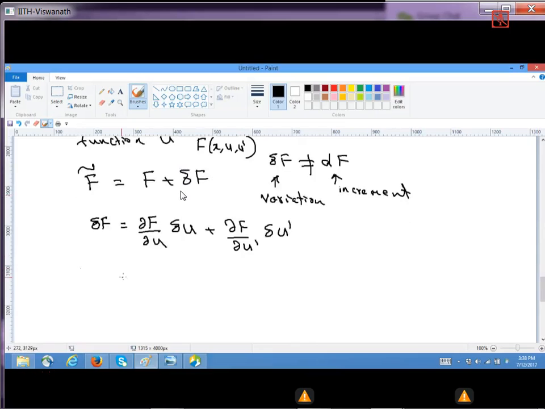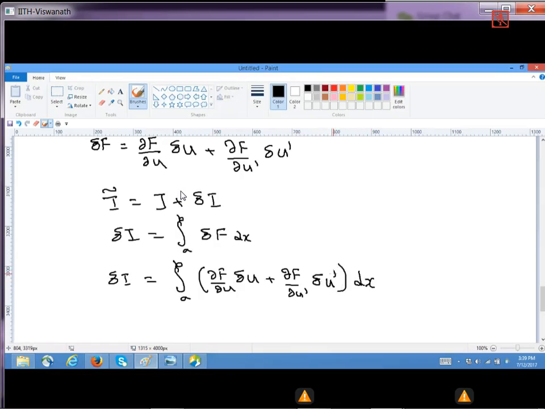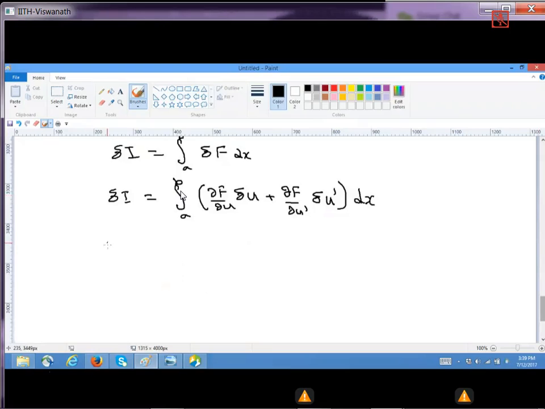Now I tilde is nothing but I plus delta I. So my delta I is nothing but the integral from a to b of delta f dx, which is dou f by dou u delta u plus dou f by dou u dash delta u dash, dx. This is my variation.